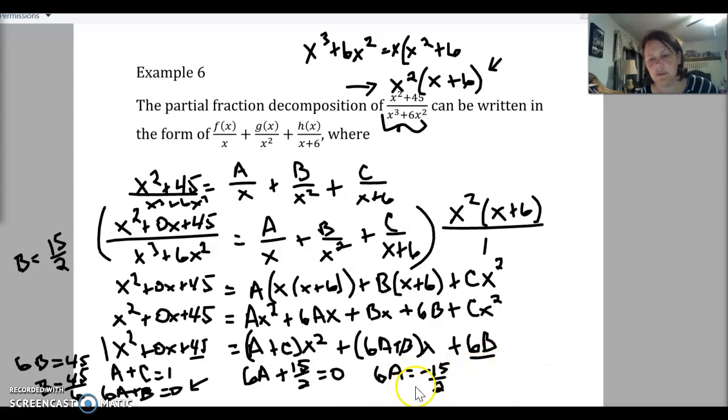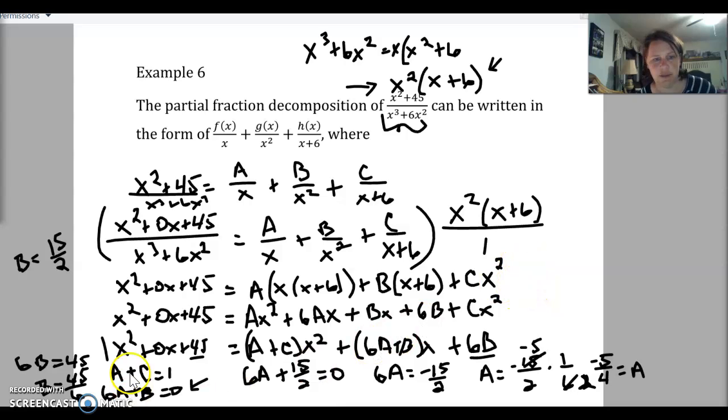And then divide both sides by 6 or multiply by 1/6. And we get negative 15 over 2 times 1/6. Then we can reduce here and here. 3 becomes 2 and negative 5. So negative 5/4 for A.